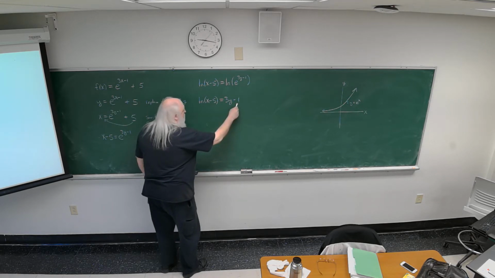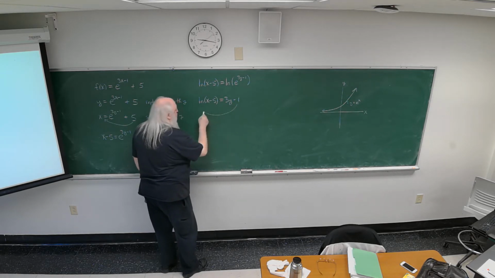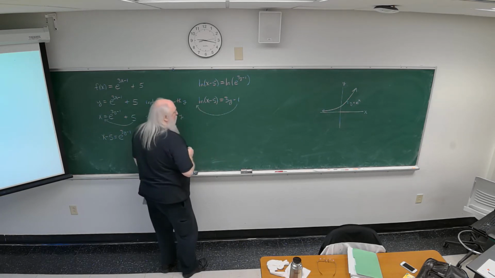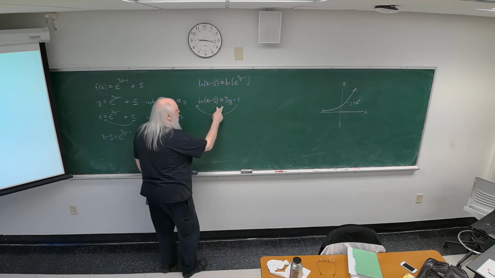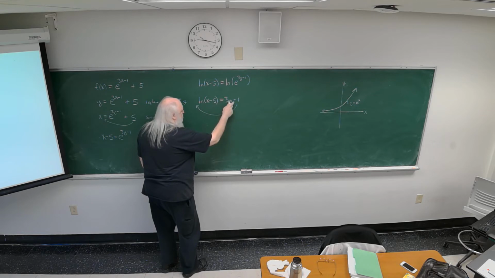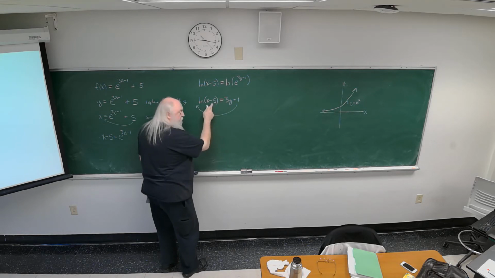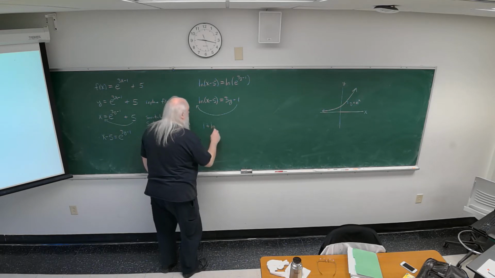And now I can move the minus 1 to the left-hand side by addition, add 1 to both sides. Now when I do this, I could put it after the natural log, but I don't want to confuse the plus 1 with the argument going into the natural log. So I'll put the 1 in front of the natural log.